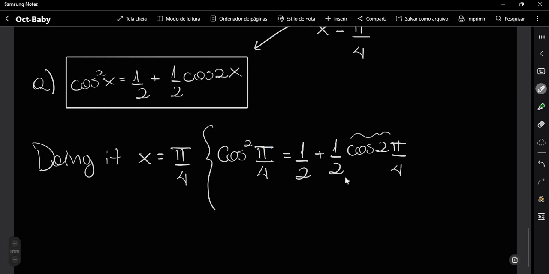And doing this, we will be obtaining pi over 2.